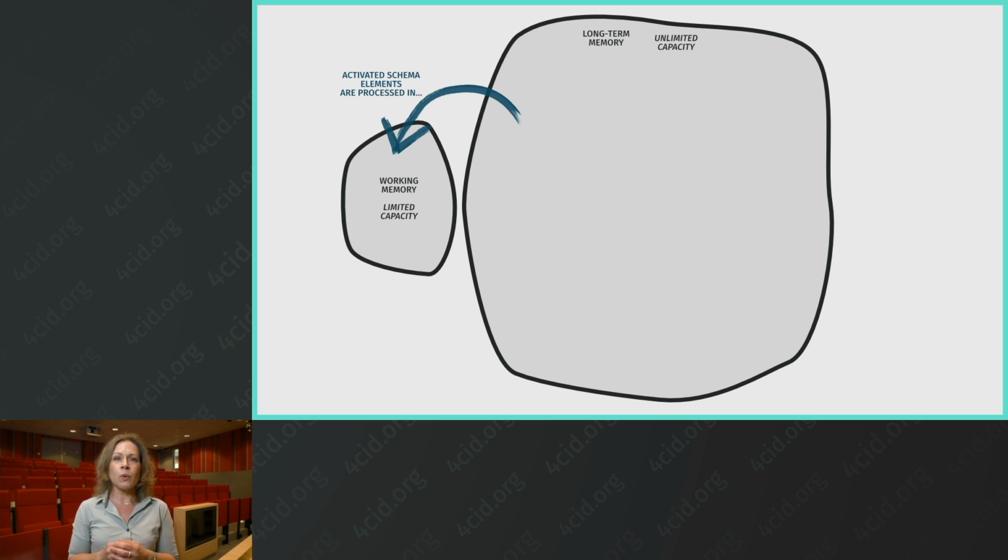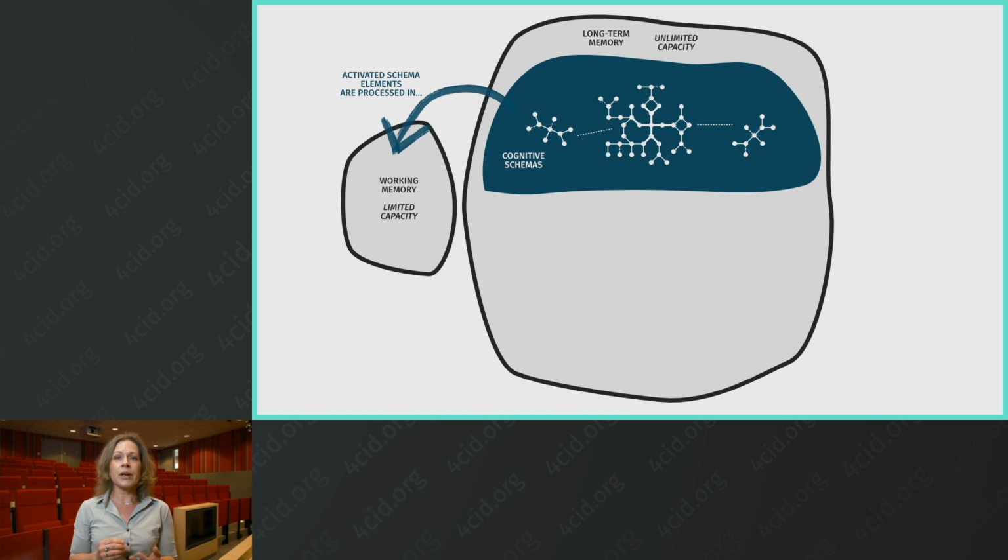When we activate one element in a schema, other elements of the schema, and potentially other schemas, will also activate if there are strong connections. But if there are few connections or weak connections, it will be much more difficult for the activation to spread. So the more connections and the stronger the connections in a schema, the easier retrieval will become.